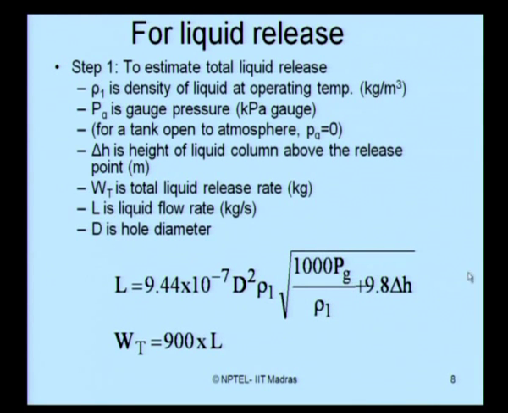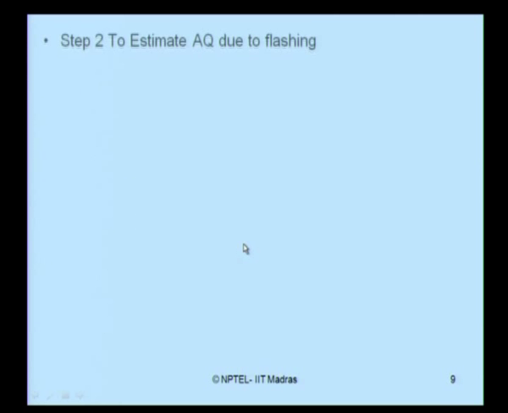So from this equation I will get the liquid flow rate in kg per second. From the liquid flow rate I obtain what is called total liquid release rate in only kg by simply multiplying with 900.